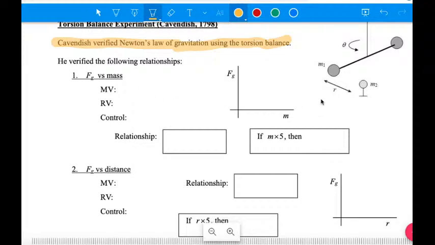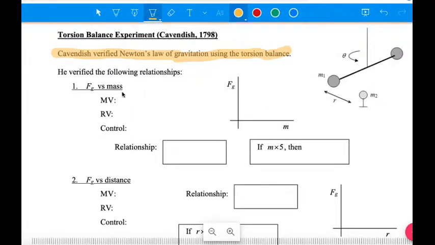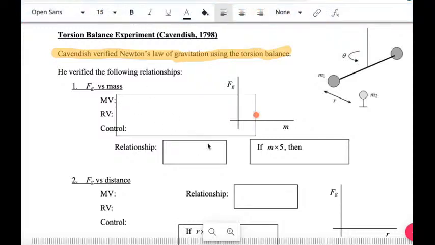So in this one, he has the gravitational force directly proportional to the mass. So his manipulated variables here are going to be mass 1, right? You're only going to want to change one thing at a time. So the manipulated variable is 1 mass.